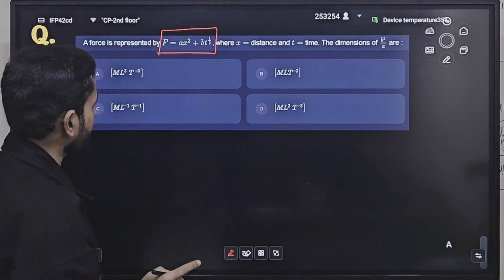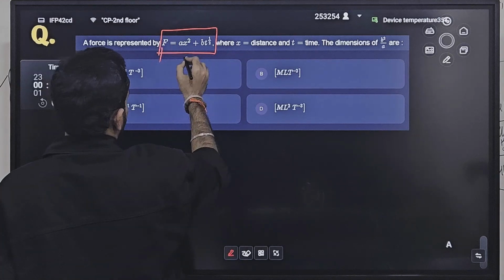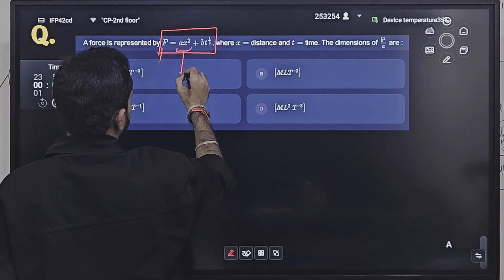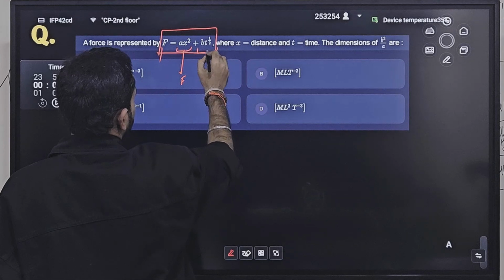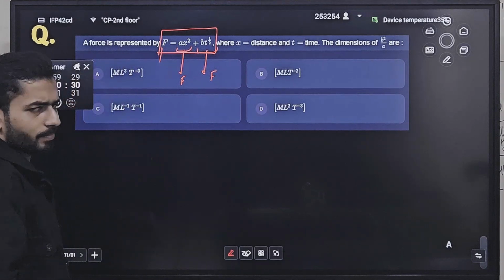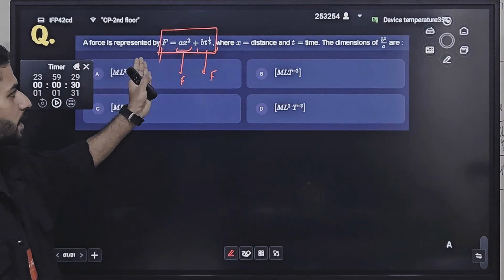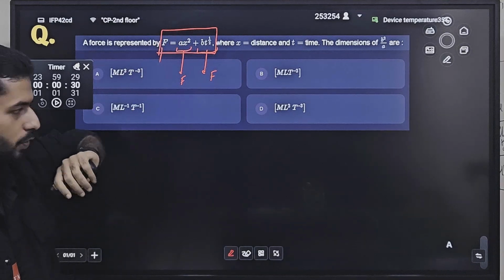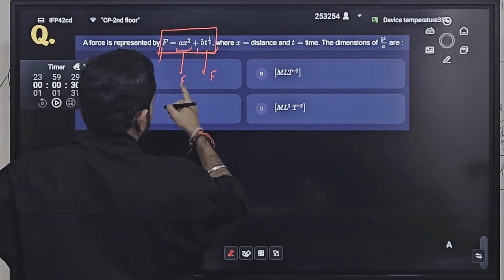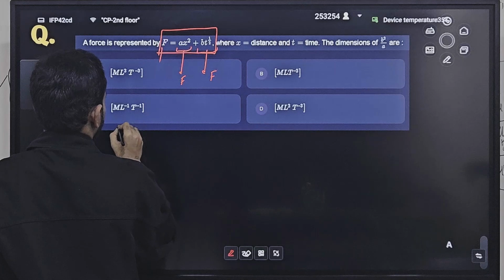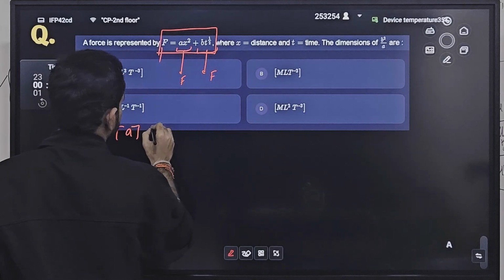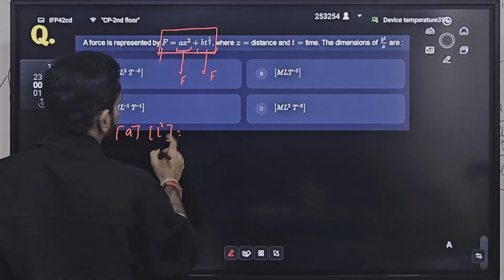Again, the principle of homogeneity. What it says is, if it is F, the dimension of this product is also F. Simple thing, because if force is on the left side, the net dimension on the right side should also be equal to force. So from that I can easily calculate the dimension of a into x square, which is nothing but L square, should be equal to the dimension of force.